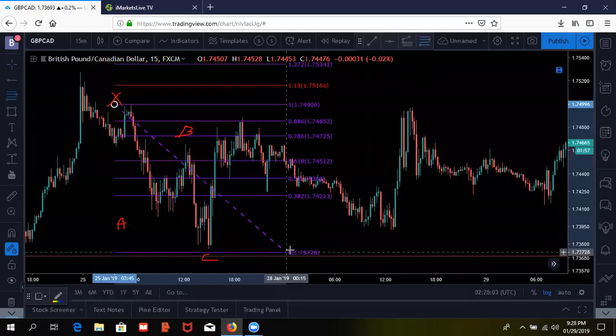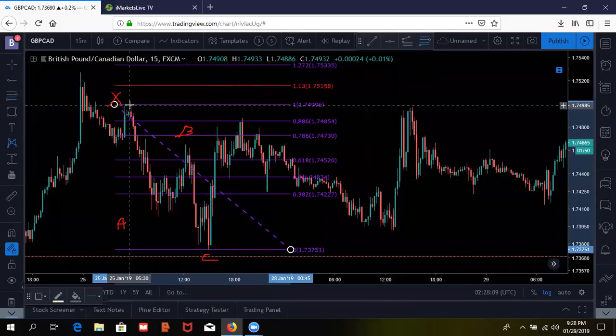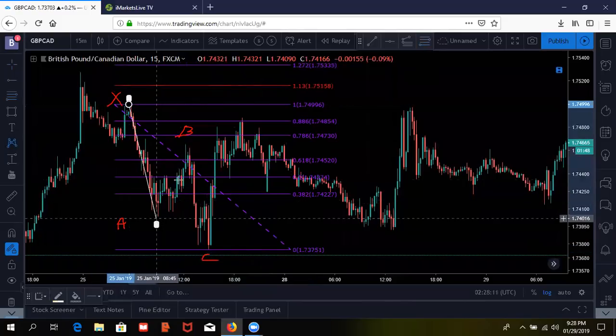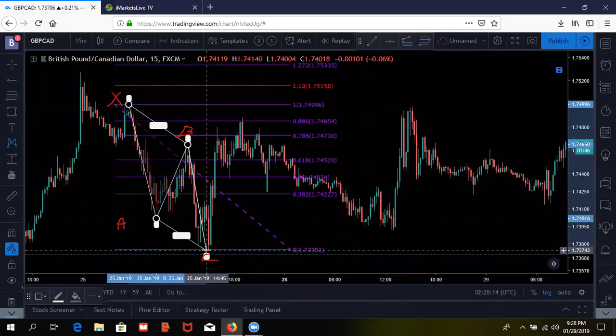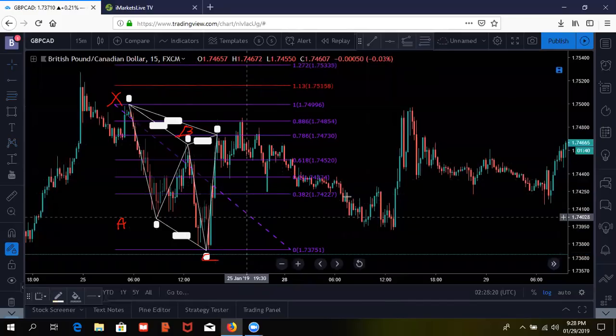So I'll take my fib from X to C, and the D is right here. I would enter right here for a sell. X, A, B, C, completion at D, which completed right here. So that's one cipher pattern right there.